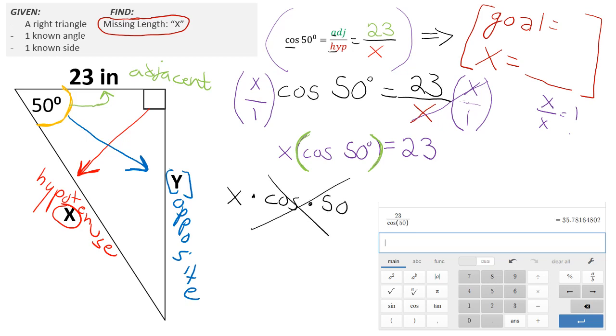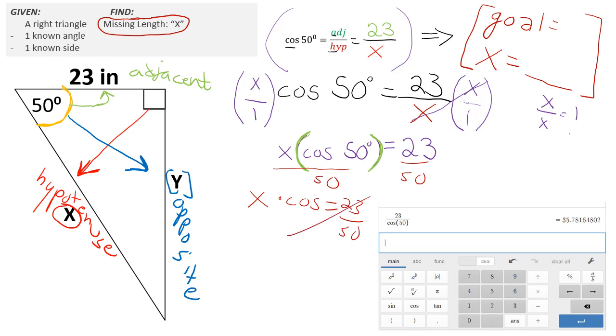It does not mean that you could do x times cosine, and maybe divide both sides by 50 by itself. That is not correct either. Rather, just think of cosine of 50 as its own individual number. So you want to treat cos 50 as coming together as just one value.